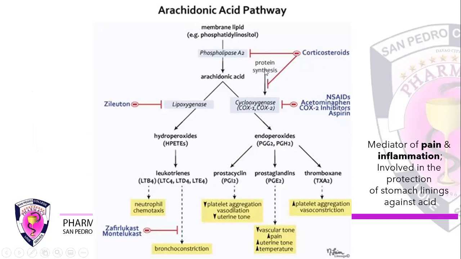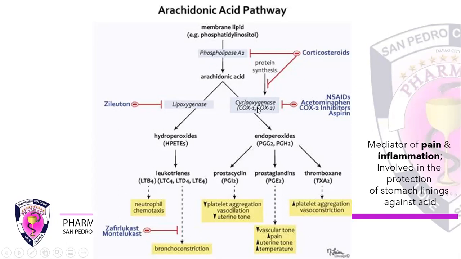If you look at the pathway, our membrane lipids form arachidonic acid, right? Then arachidonic acid can undergo either of two pathways. It can proceed through the LOX pathway, or it can undergo the COX pathway.